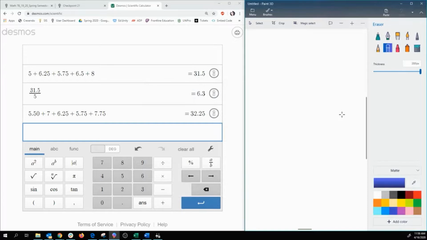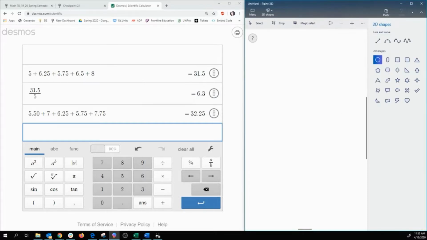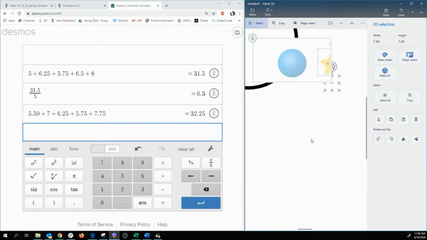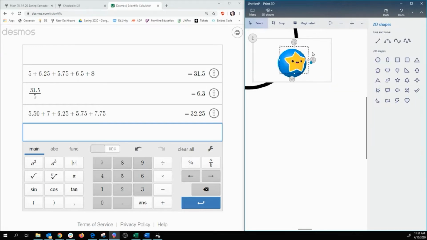I'm getting really annoyed with myself because apparently if you type in a 2 on 3D Paint, it gives you this.